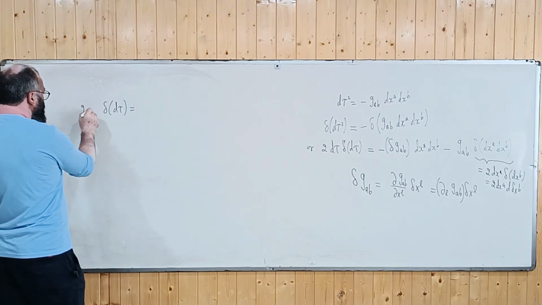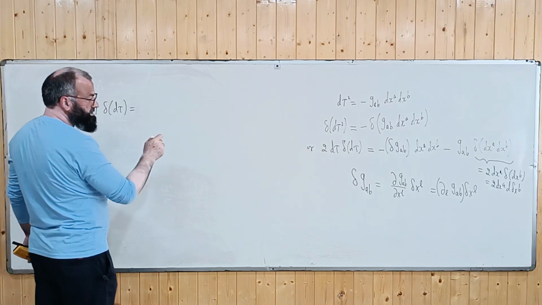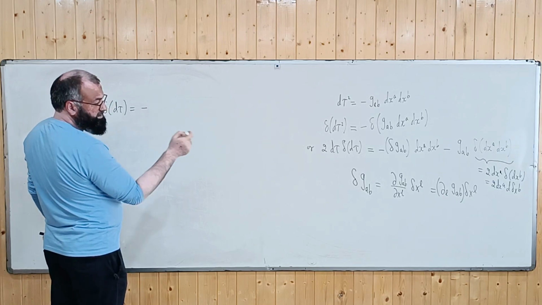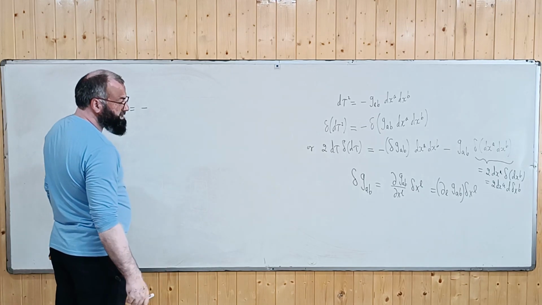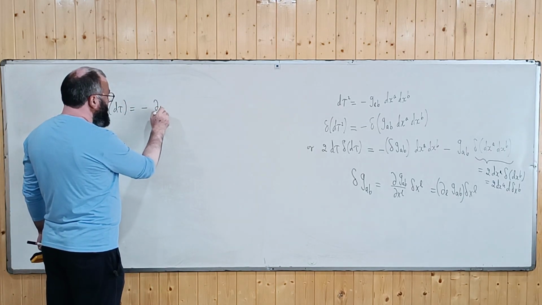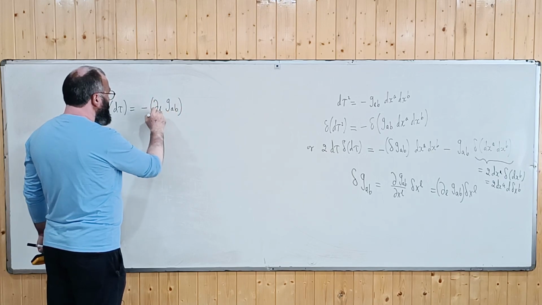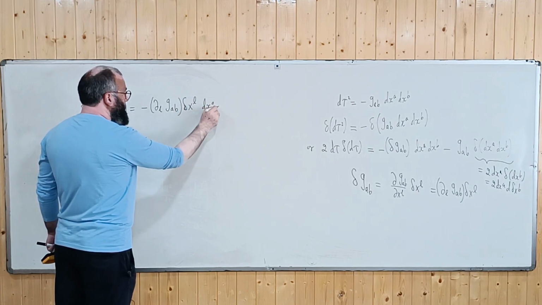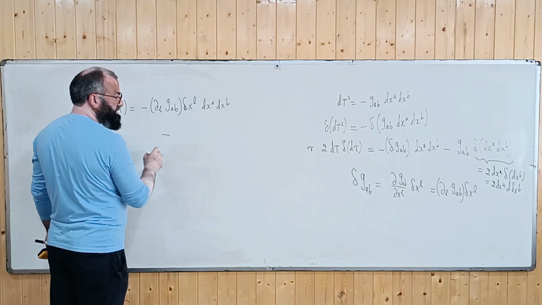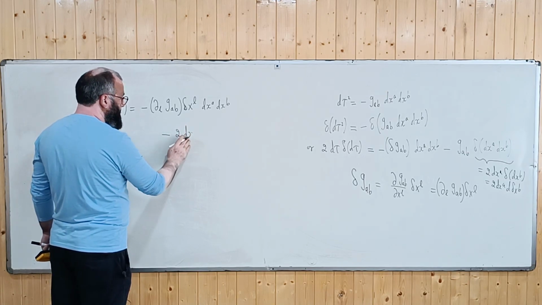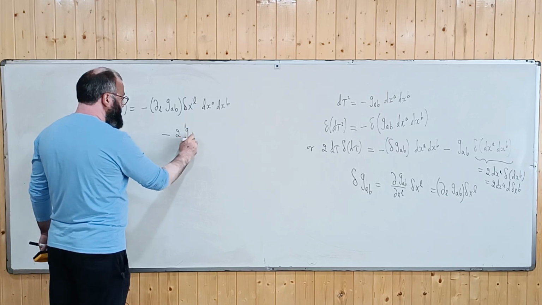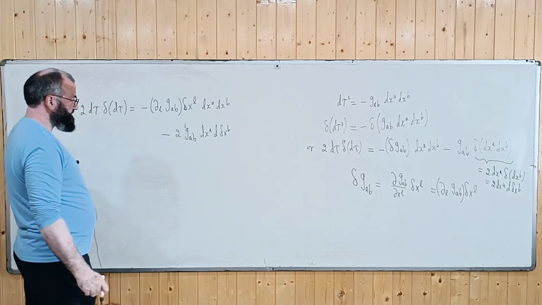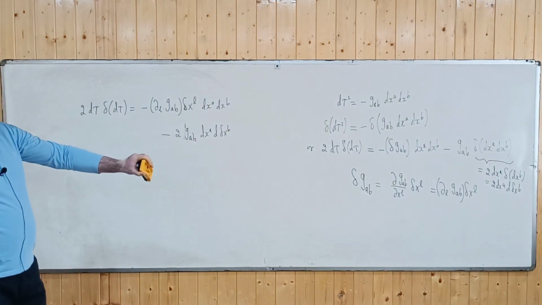Twice d tau delta d tau is equal to minus partial_l g_ab delta x^l dx^a dx^b, minus twice g_ab dx^a d of delta x^b.